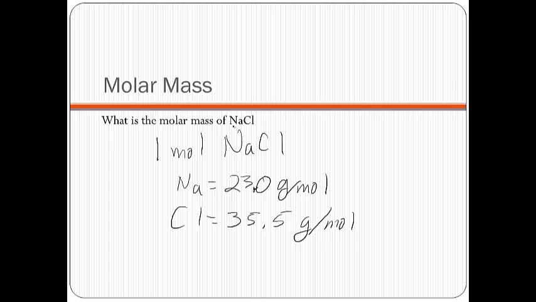Now this question does not ask just sodium or chlorine, it asks for the compound sodium chloride. Since there's just one of each, all we're going to do is add these together. When we add these up, we get 58.5 grams per mole. And then we have the molar mass of a compound.